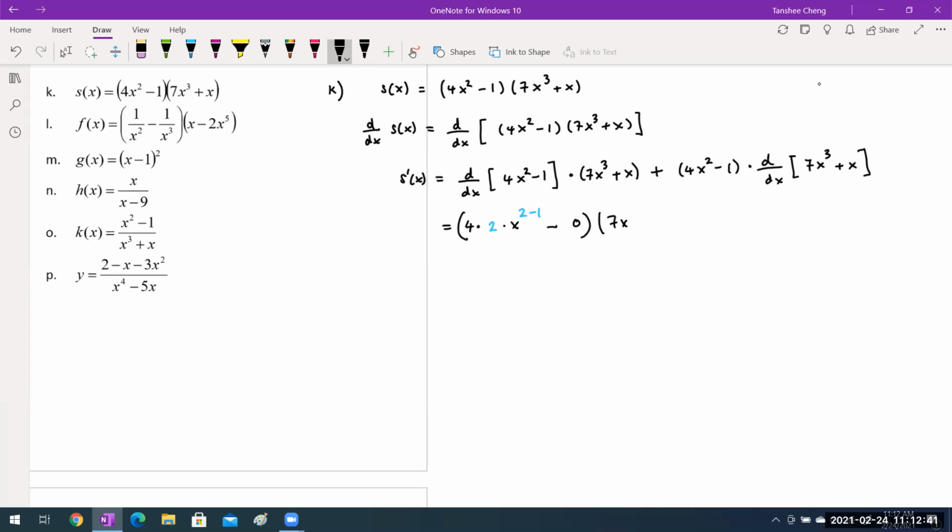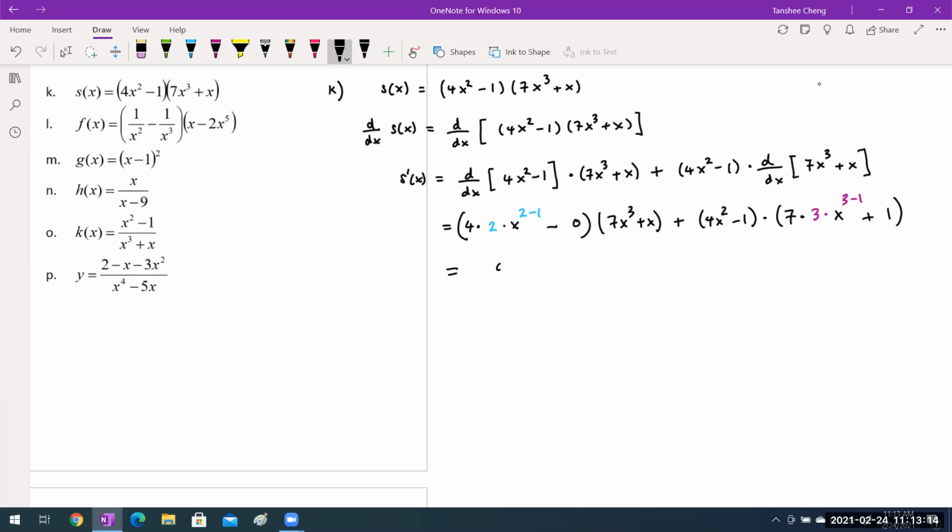And times 7x to the third plus x, plus 4x to the second minus 1 times the derivative of the second factor, which will be 7 times, bring down the exponent, which is 3, times x to the 3 minus 1 power, and then plus the derivative of the second term, the derivative of x, which is 1.